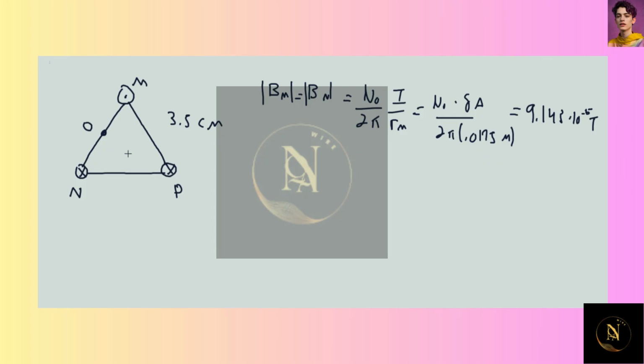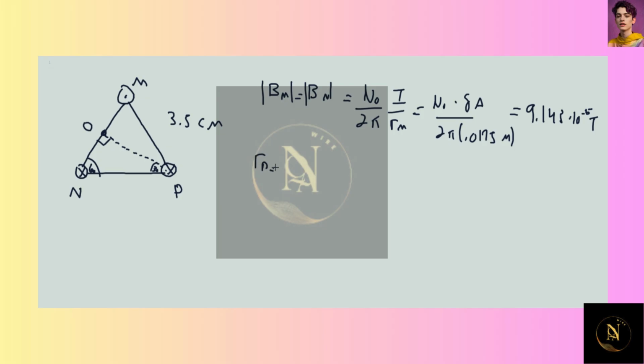So now for point P, we have the same current, but a different distance. Our distance is now going to be this, but this is a right angle. If this is an equilateral triangle, that means this angle here is 60, and if we're bisecting this one, this is 30. We can do this a bunch of ways. If this full side here is 3.5 centimeters, then for this side over here, we can do a cosine of 30, and we would get √3 over 2.